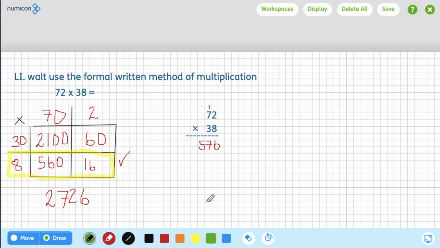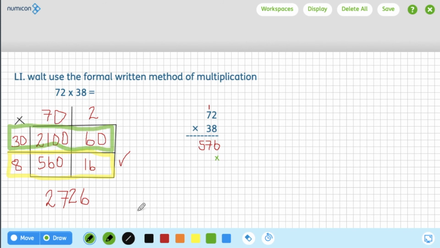Okay, remember again that the next time, when we go to the three tens here, I'm never going to have any units because 3 tens times anything is going to be at least 3 tens. So now what we're doing is we're multiplying 30 times 72, which is these 2 boxes here in our window calculation.